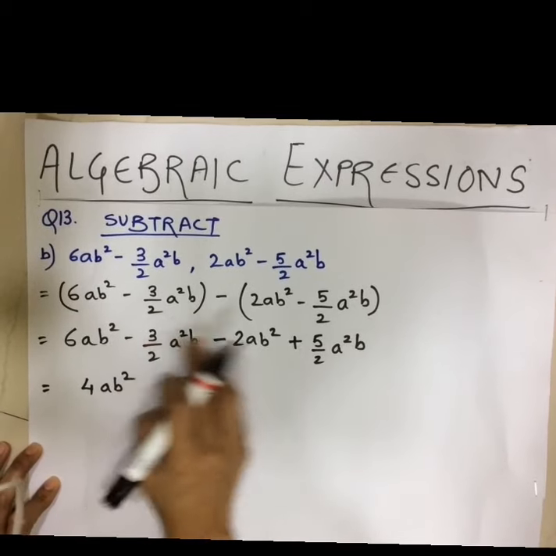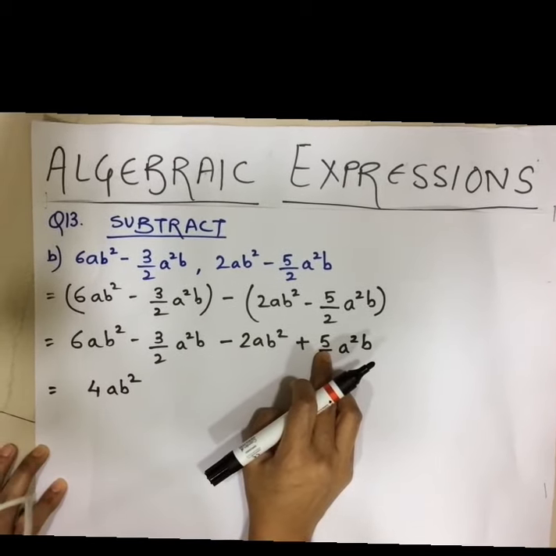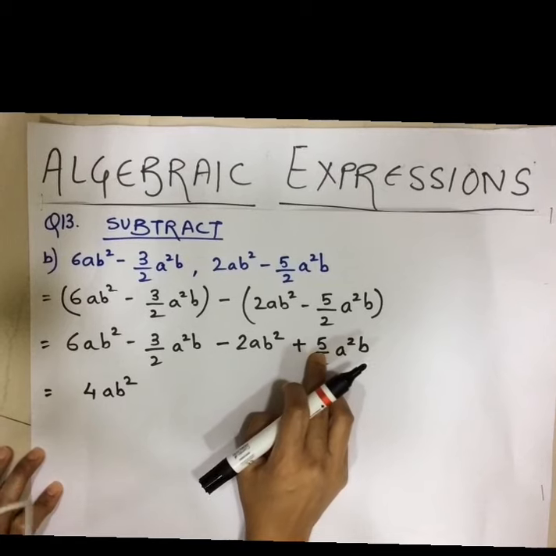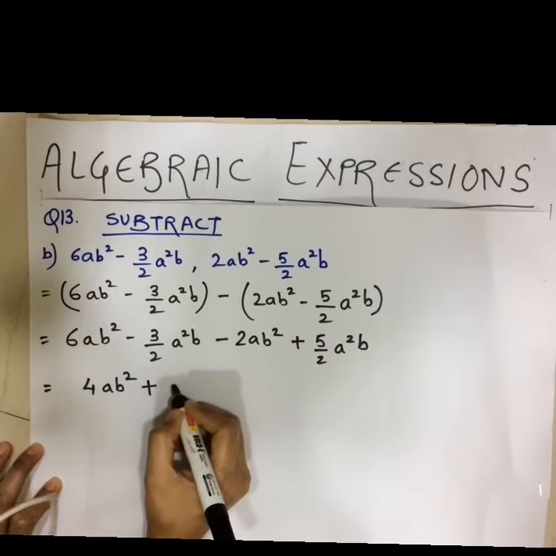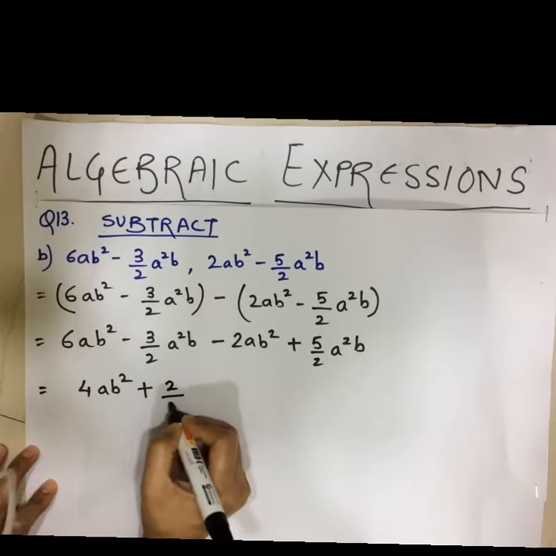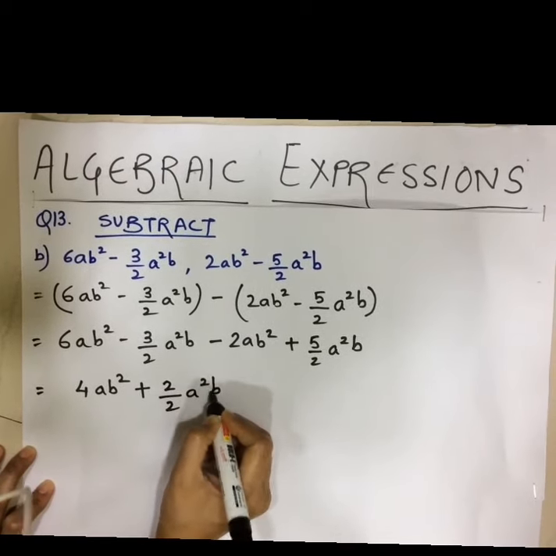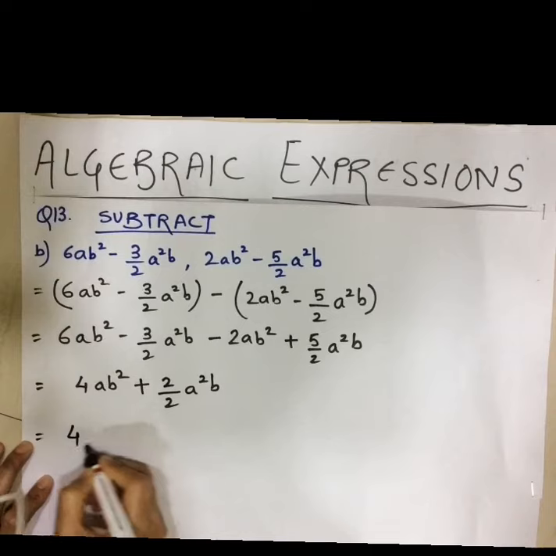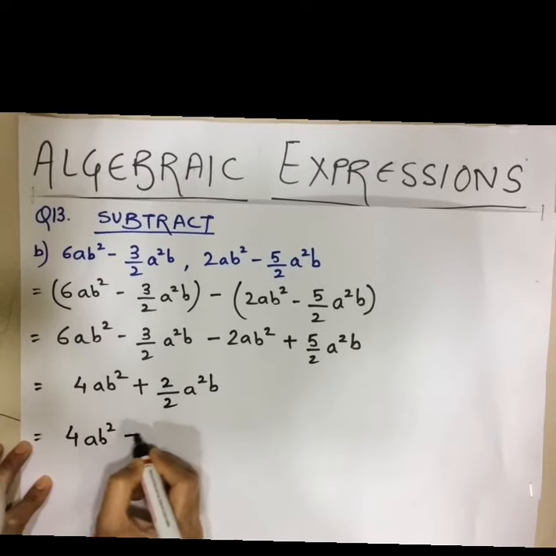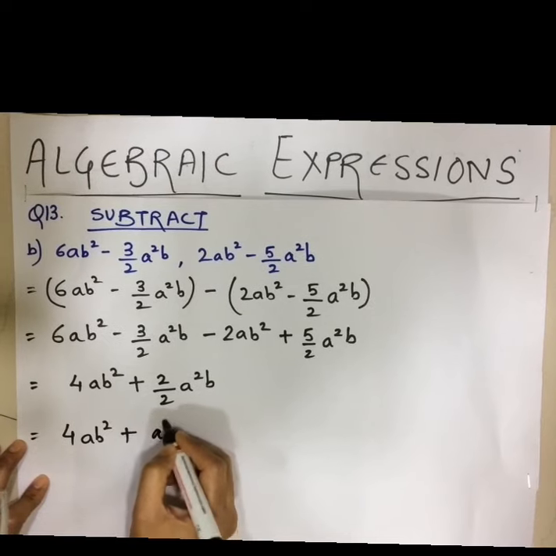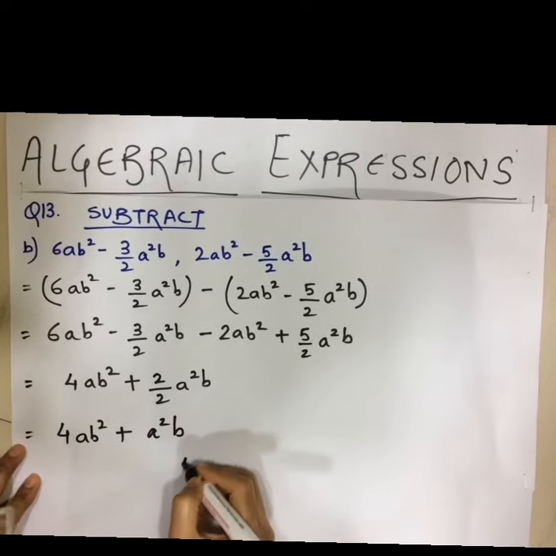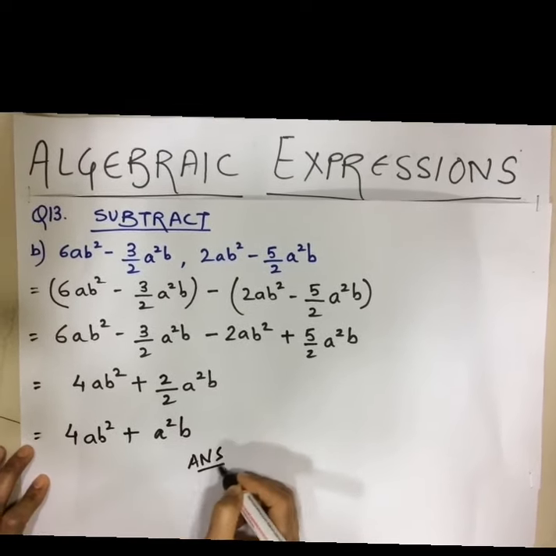So minus 3 and plus 5 will give us 2, and because 5 is the higher number, we put a plus sign here. So it's going to give us 2 by 2a square b. Then it's 4ab square plus 2 by 2 gives us 1, but we don't write 1, so we directly write it as a square b. So this is our final answer.